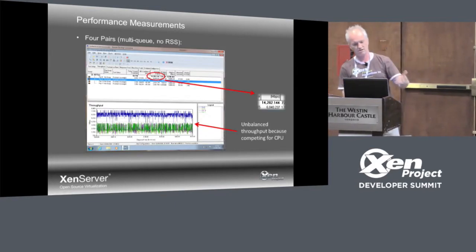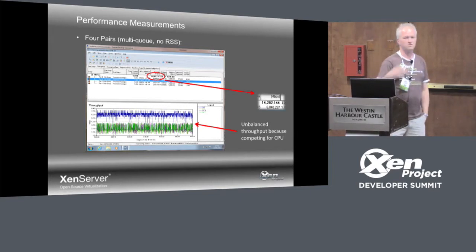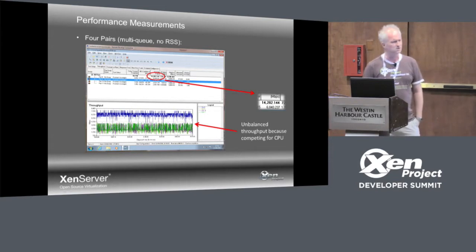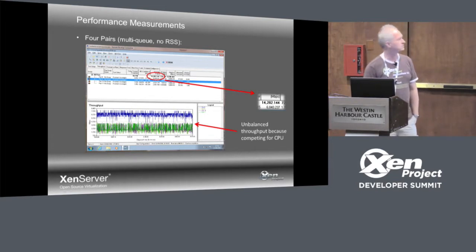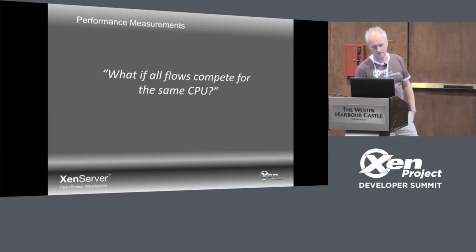So this was a test I put together where I turned off the RSS and ran tests until I got a badly balanced situation. You can see from the number there that we're already down like 3 gigs on what we were getting with a well-balanced set, and you can see how they're sort of centered around 2 different lines, and the lower set is basically contending on CPU. That's why it's not running so well.